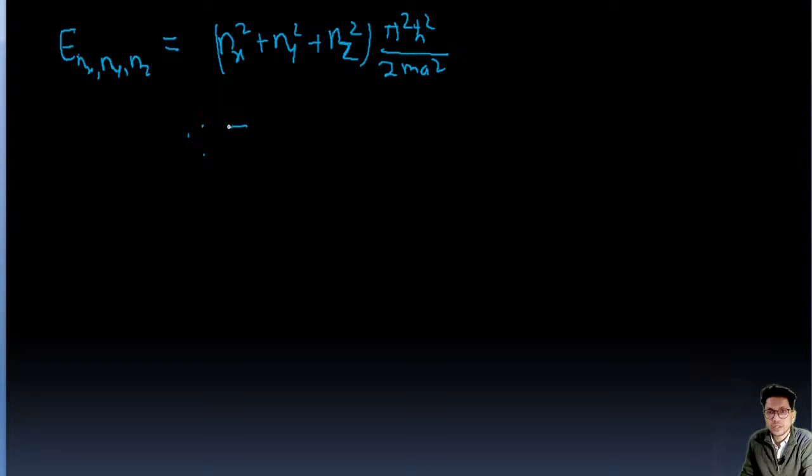And En is given as 14 pi square h cut square upon 2ma square in the question.